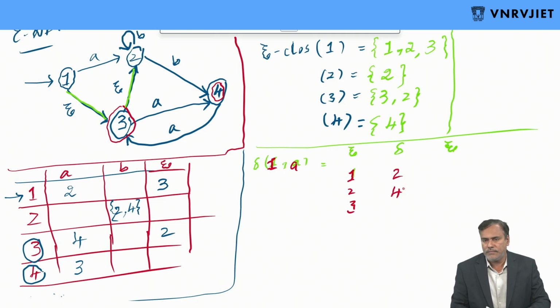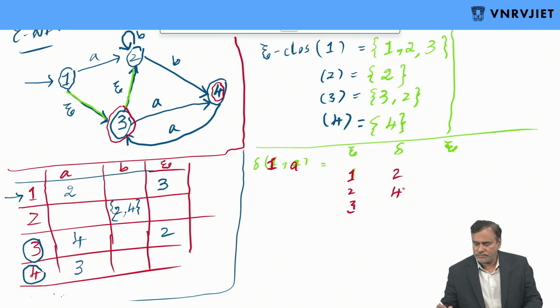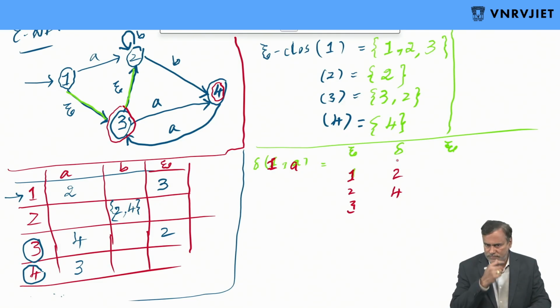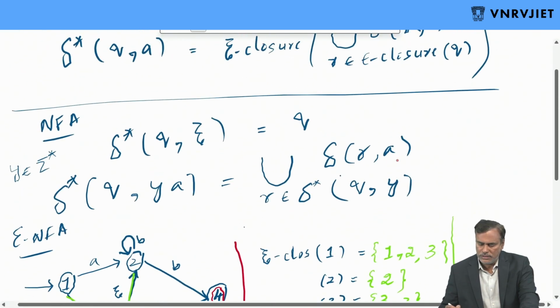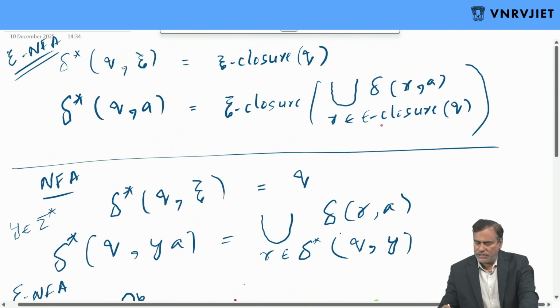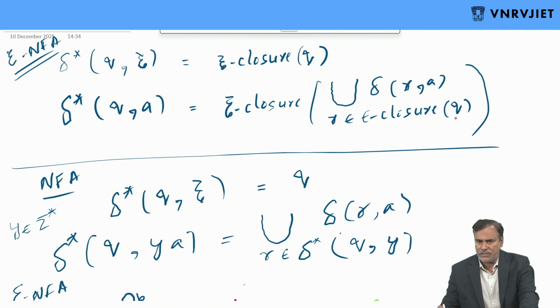Union of delta of RA. And then once again you have to apply, on the outside, the epsilon closure. See, let me show. First you have to apply the epsilon closure of a state, that is here Q is 1.